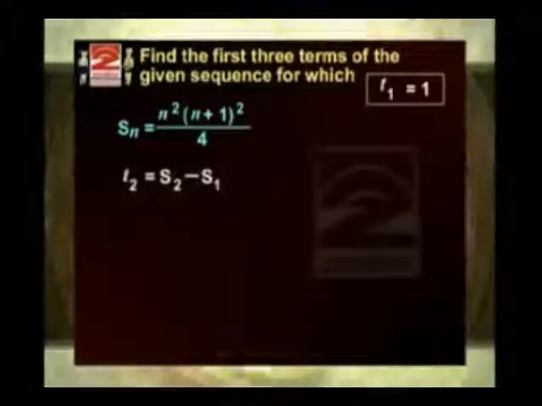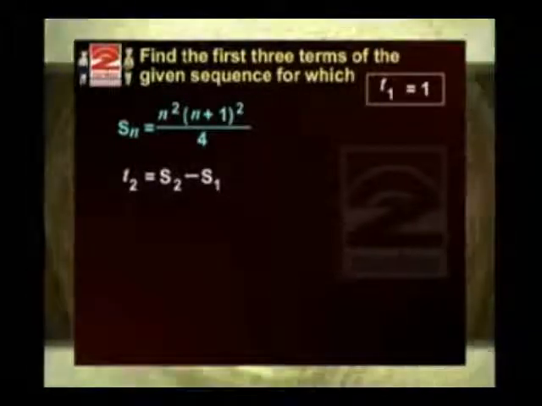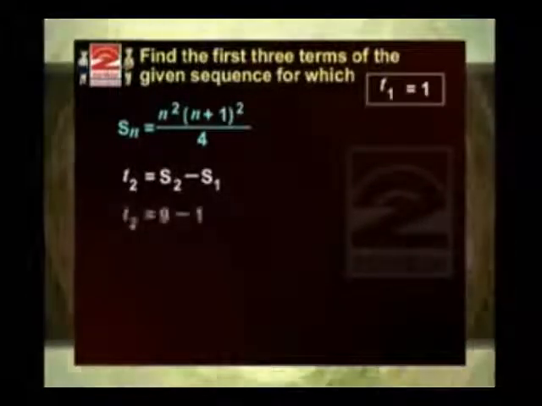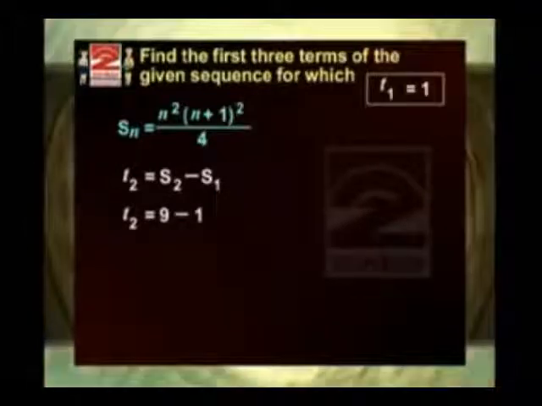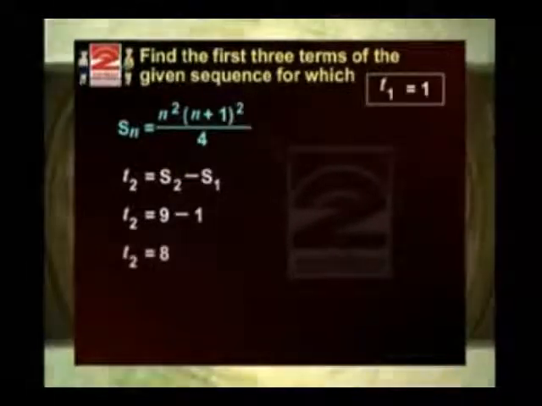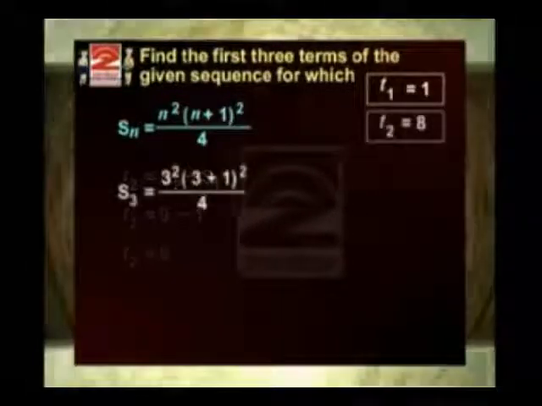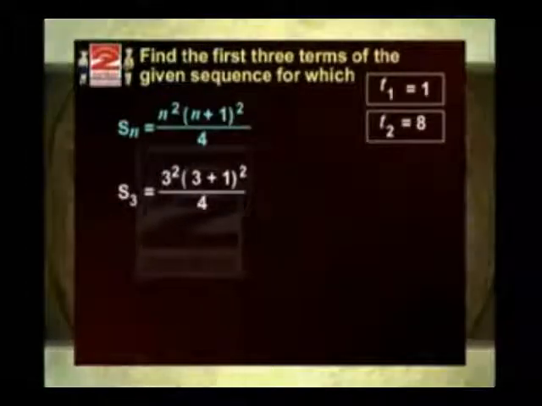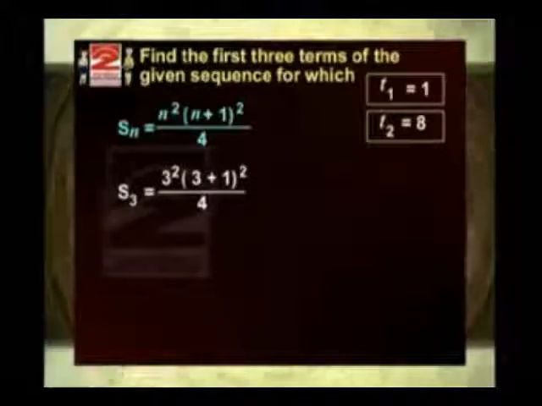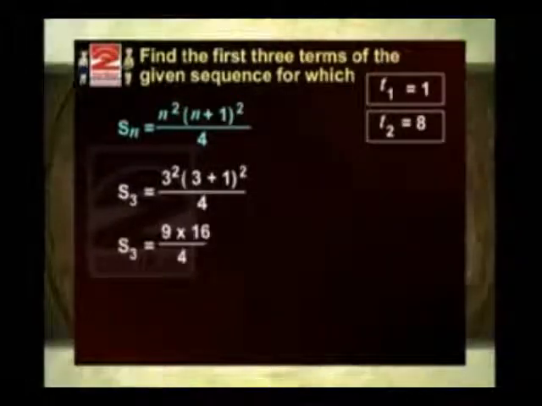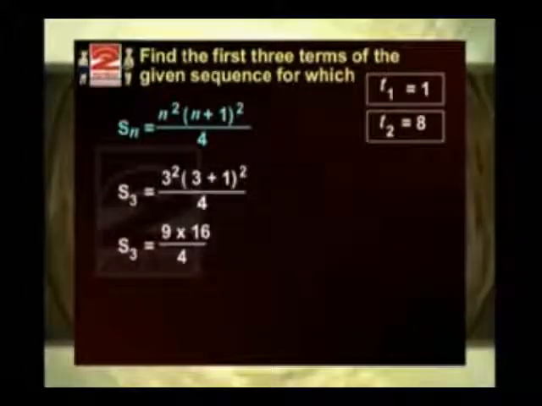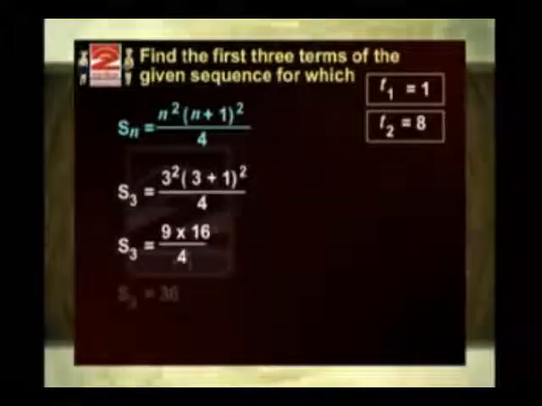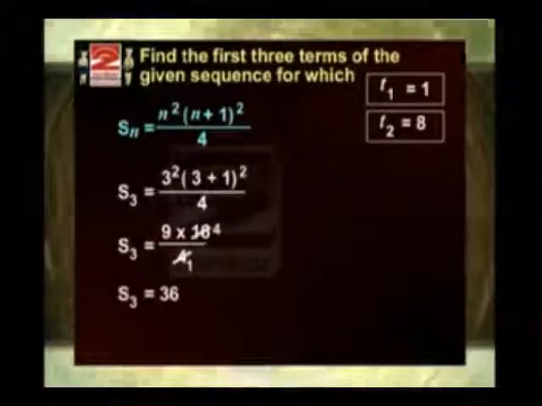Now T2 is equal to S2 minus S1, that is equal to 9 minus 1, that is equal to 8. Then S3 is equal to 3 square into 3 plus 1 the whole square upon 4, that is equal to 9 into 16 upon 4, that is equal to 36.